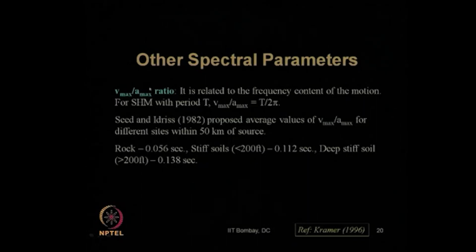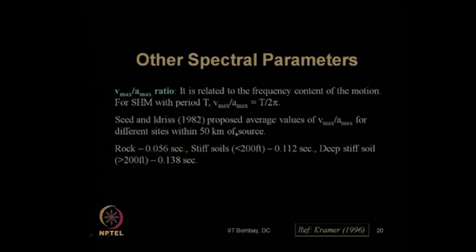And Amax is the corresponding maximum acceleration. If you find out the velocity max for a simple harmonic motion, it will be how much? Omega times u, right? Isn't it?